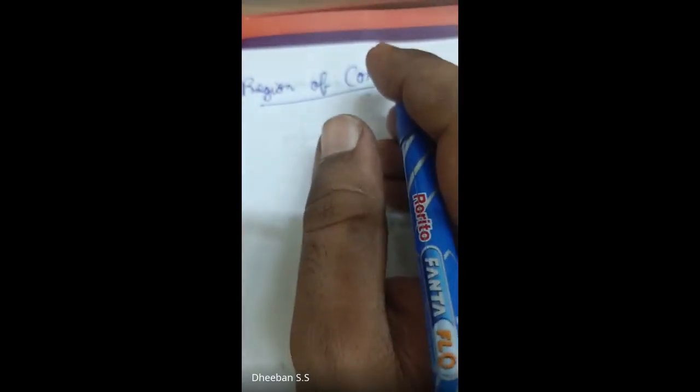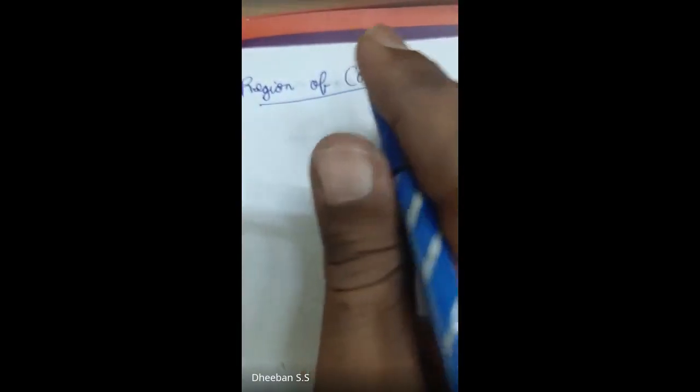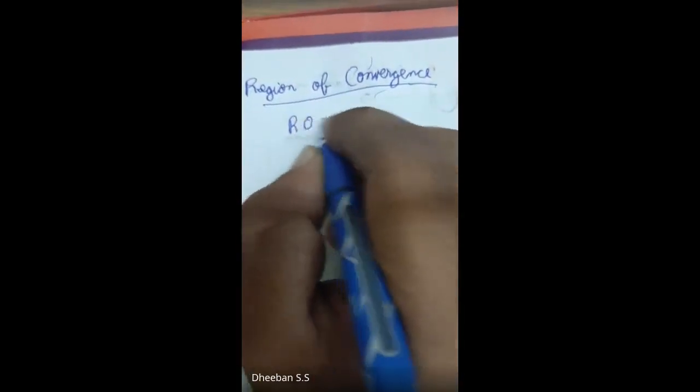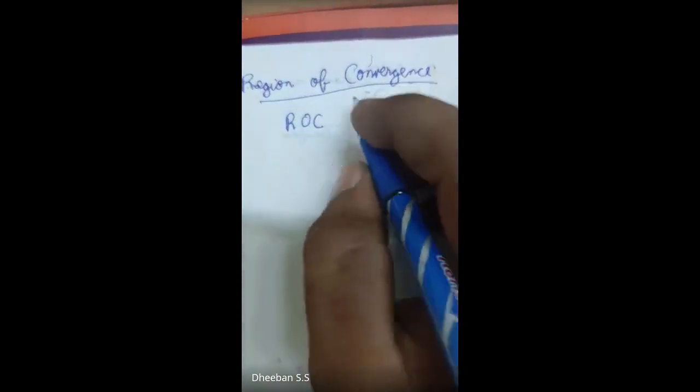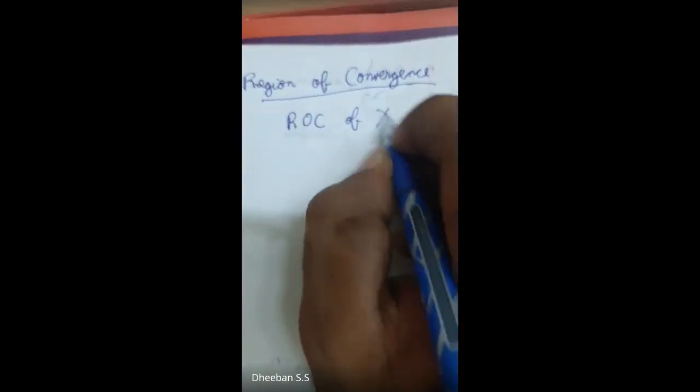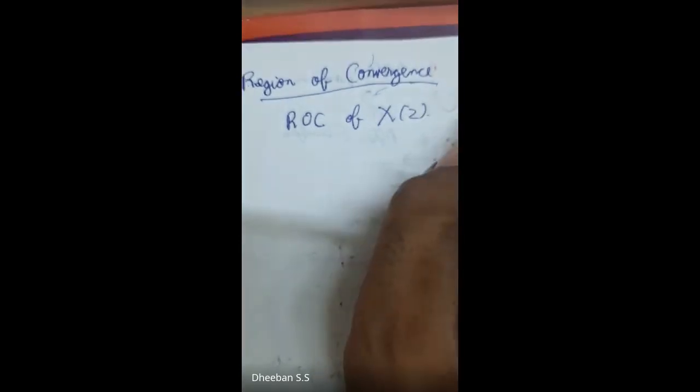So what does this region of convergence mean? This is the ROC of x of z.